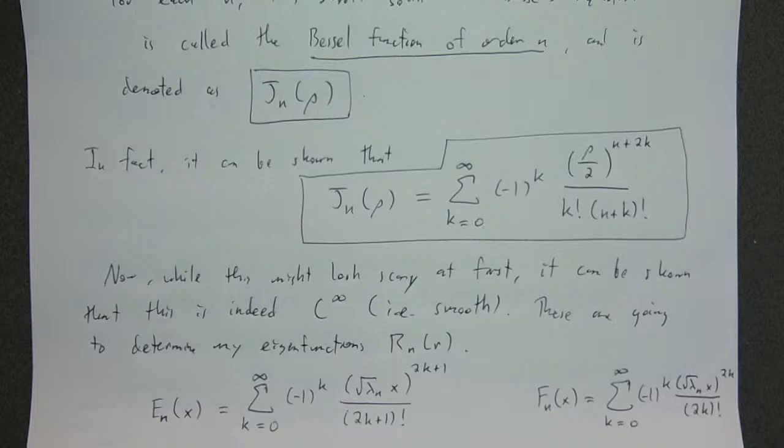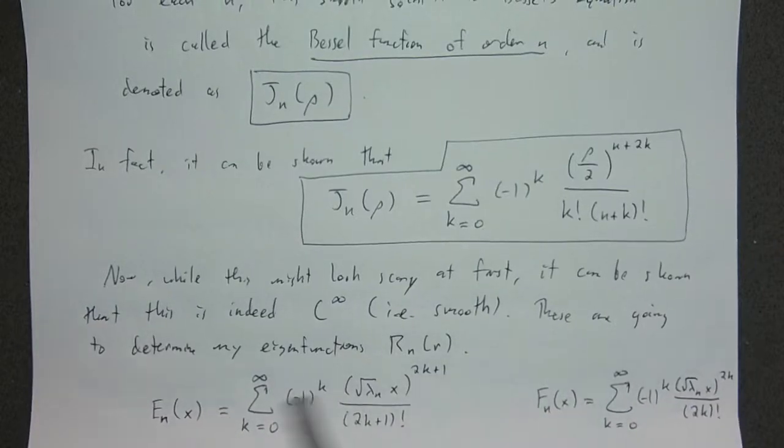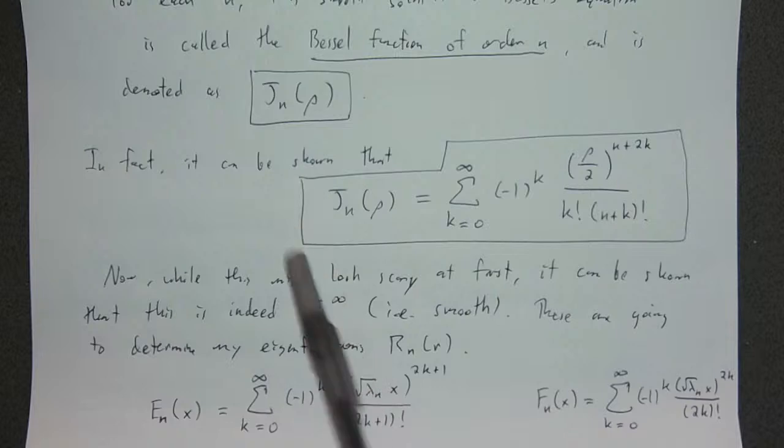What if I gave you eigenfunctions that look like this instead of this? Would you be happier with these? Would you say that these are totally different kinds of objects than this? Well, maybe you'd be equally unhappy.